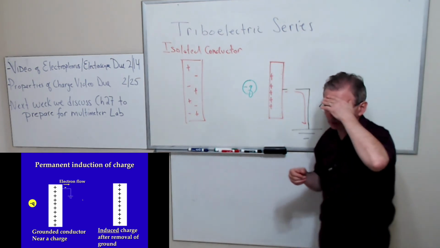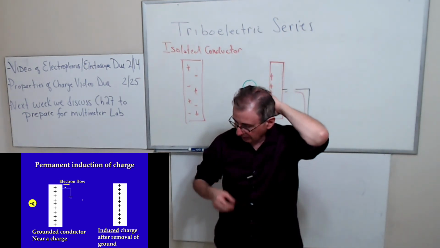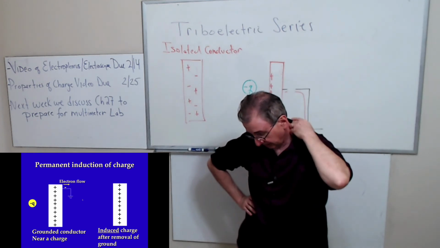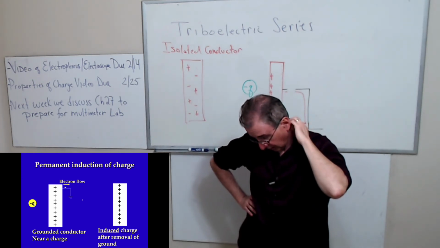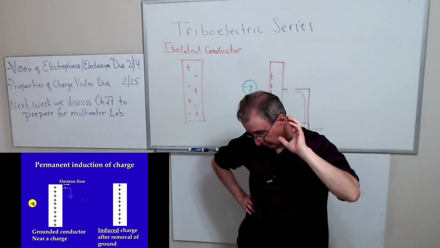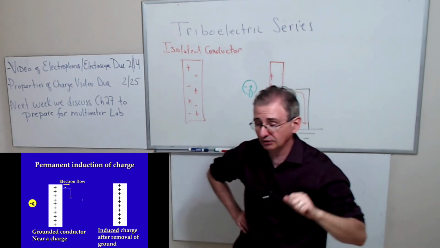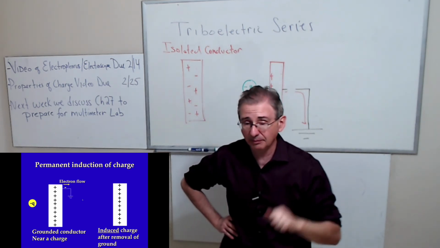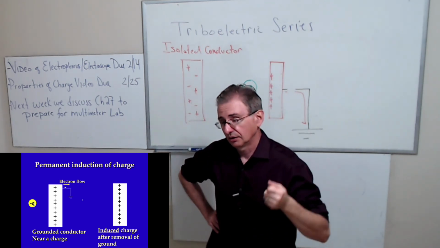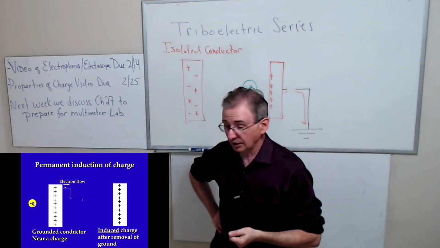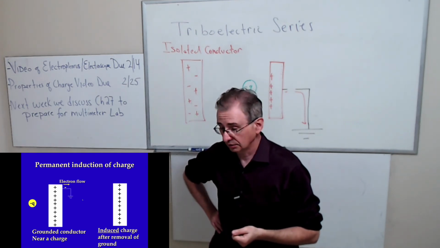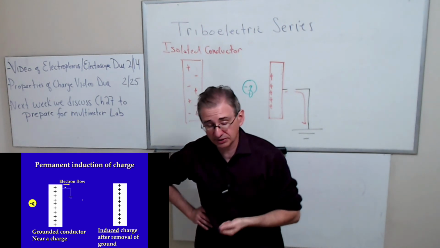And by the way, when you look at the lab, I forgot to get rid of a couple of things in the lab. In some steps, it alludes to using a glass rod. I've gotten rid of the glass rod from the lab because students last semester had a hard time getting the glass rod to work. Glass rods get positively charged.